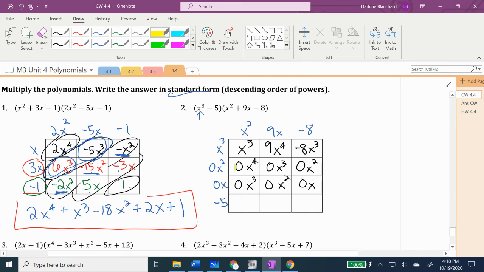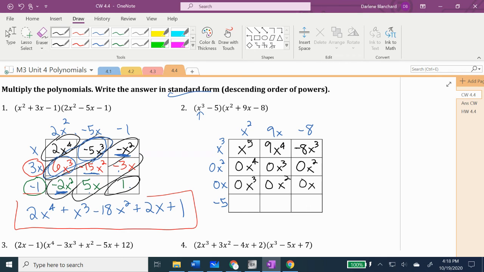But what it does is it lines up x to the fourth, x cubed, x squared, and what we're about to get here, x, and then constant. And that helps some people. If you don't want to do it, don't do it. I'm going to take those highlights away.